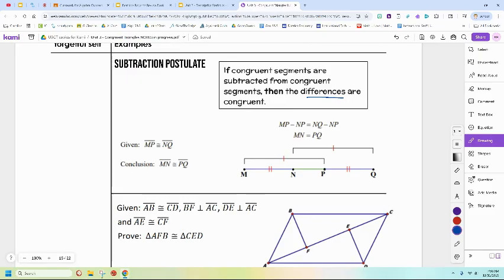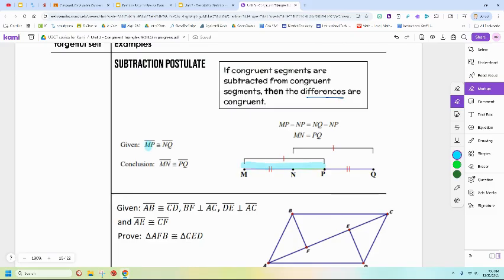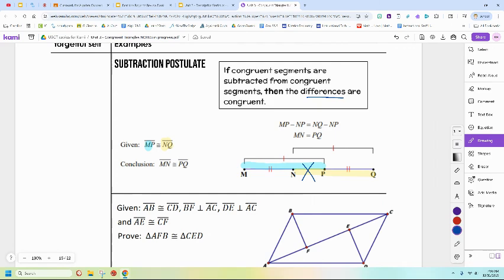So we are given that MP is congruent to NQ. And so if we take away NP from both of them, then we will be left with MN is congruent to PQ.